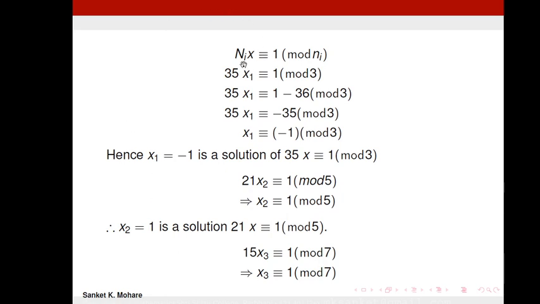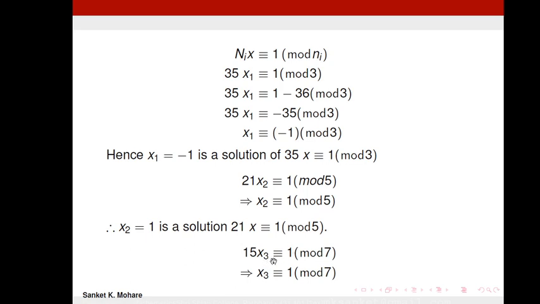Next, capital N3 x is congruent to 1 modulo small n3. The value of capital N3 is 15. So 15 x3 is congruent to 1 modulo 7, as the value of small n3 is 7. So we add a multiple of 7 in this one such that 15 divides this quantity. So x3 is congruent to 1 modulo 7, as here I added 2 times 7, that is 1 plus 14, which is equal to 15.